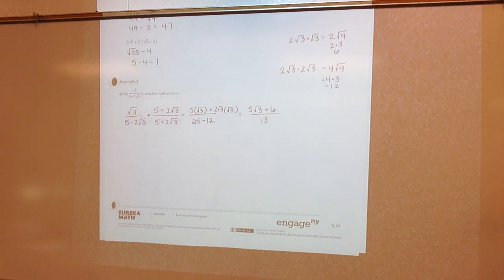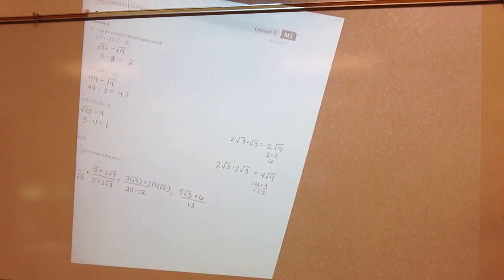The process for simplifying an expression with a radical in the denominator has 2 steps.